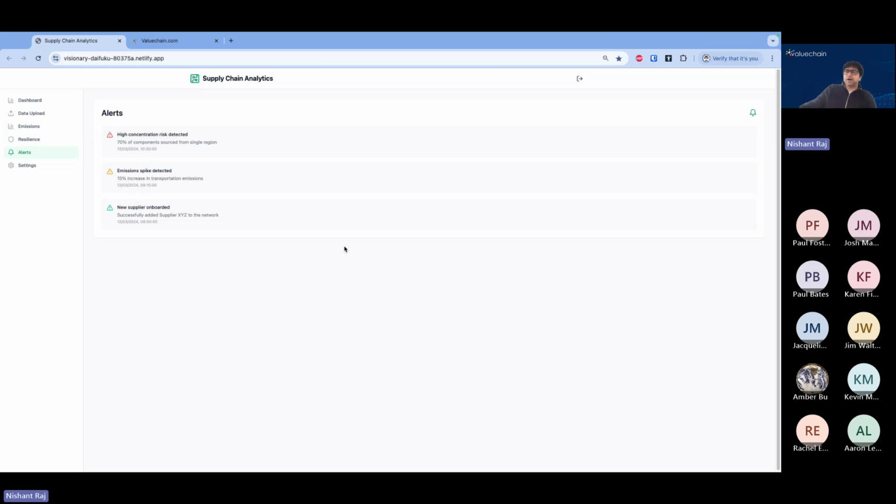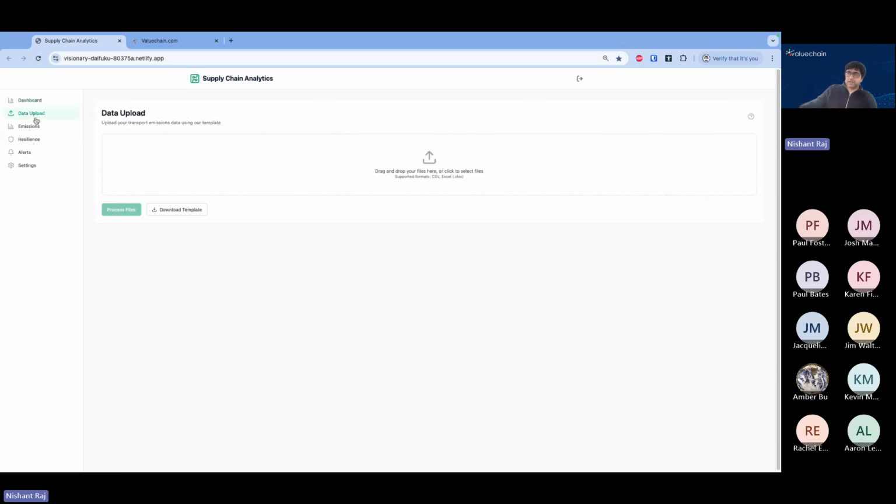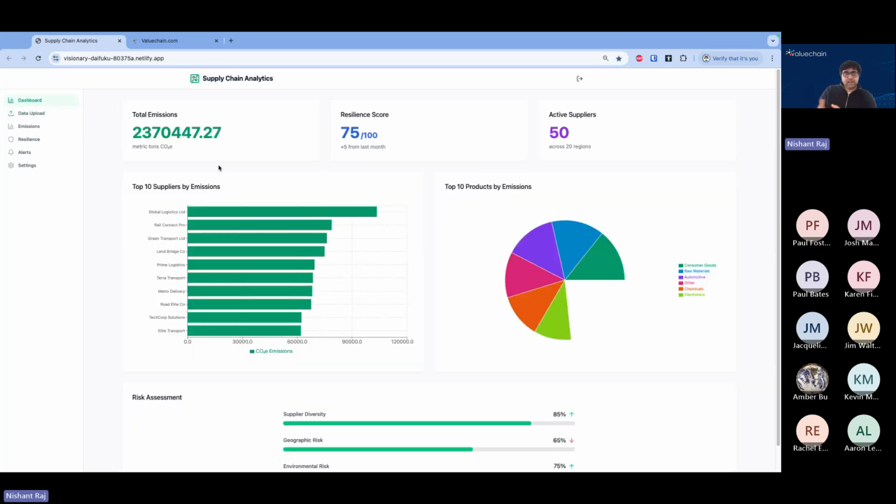But this is a baseline, straightforward, self-service tool that people can use with example data sets or their own data sets, and they can download the template to start to get an understanding of what these key aspects are.